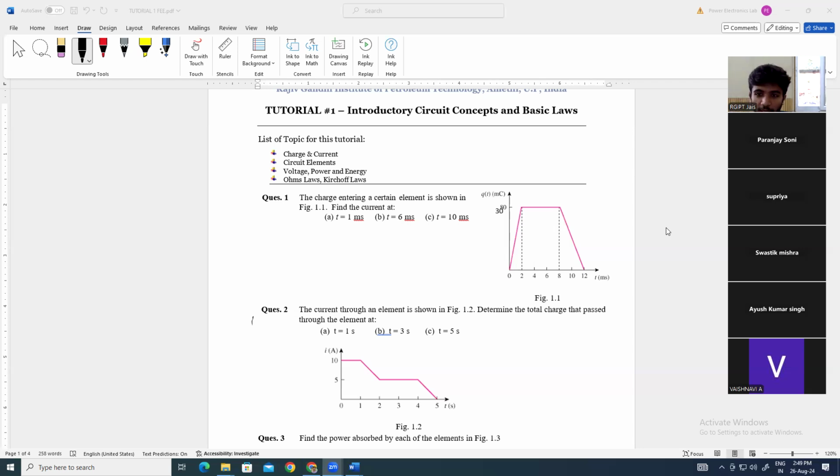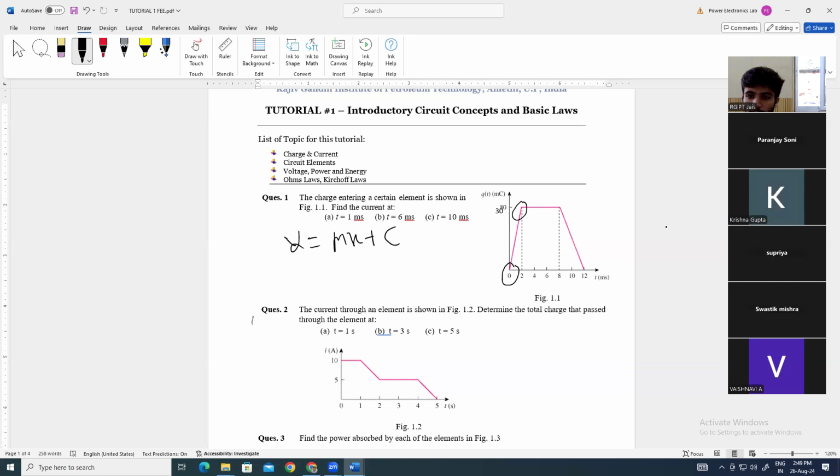Let me try to explain it here. This point is 0, 0, and this point is 2, 80. The equation of the line is of the format y equals mx plus c.